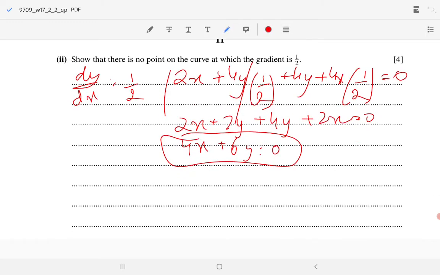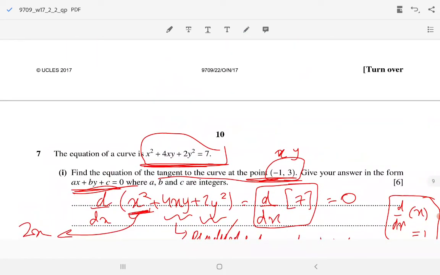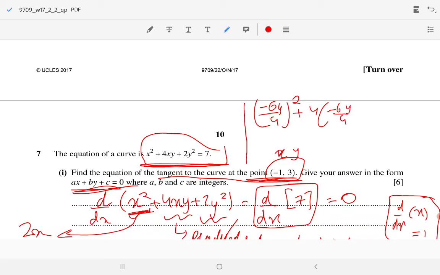Let's say we solve for x, so x equals negative 6y upon 4. If we substitute in the curve, we get negative 6y upon 4 the whole squared plus 4 times negative 6y upon 4 times y plus 2y squared equals 7.